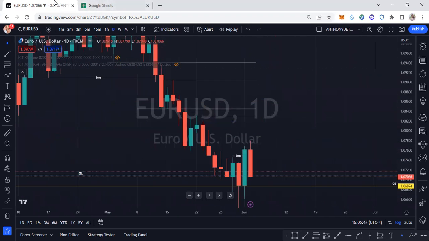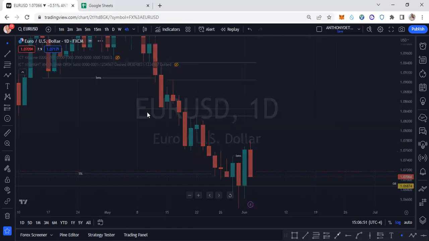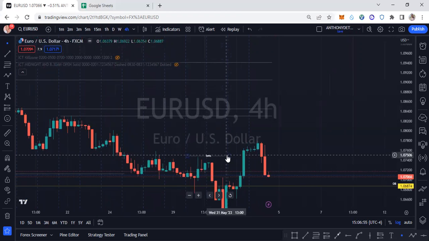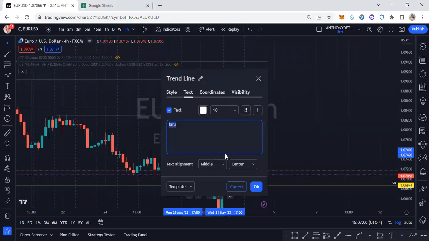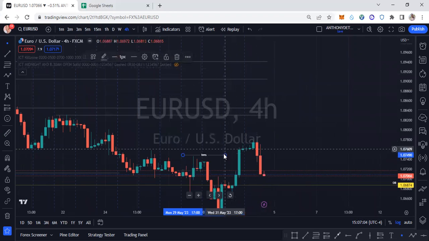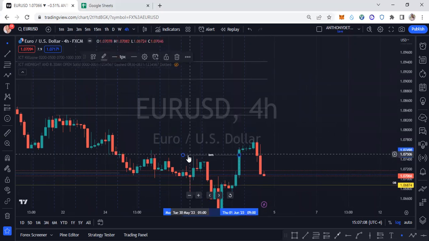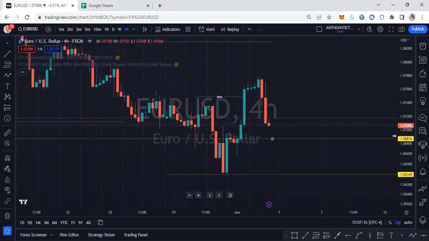So let's go to the 4-hour time frame to get a clearer view. On the 4-hour, it seems to become more clear, but based on our monthly time frame being bearish, price always respects the higher time frame bias more.